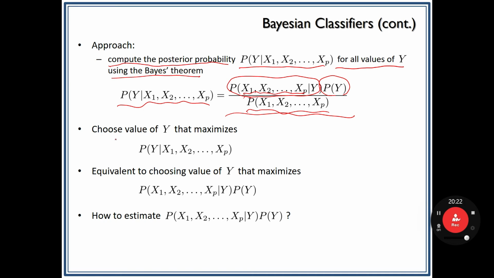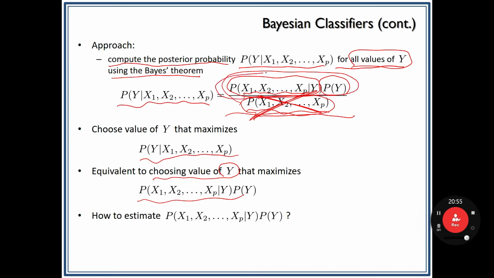Then choose the value of y that maximizes this probability. Because the denominator is the same for all values of y, we can ignore it. That is equivalent to choosing the class value of y that maximizes the numerator only.